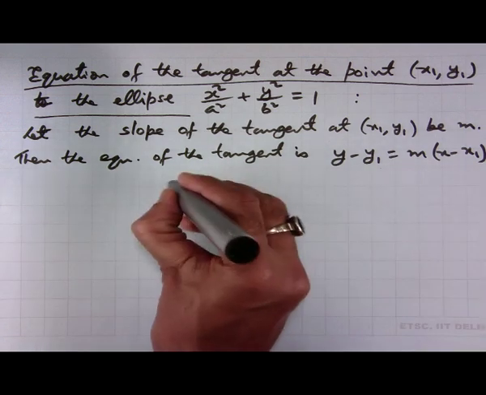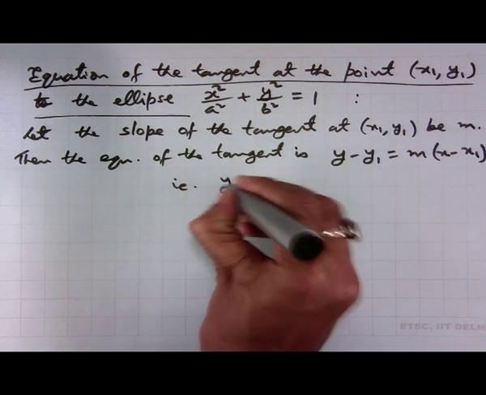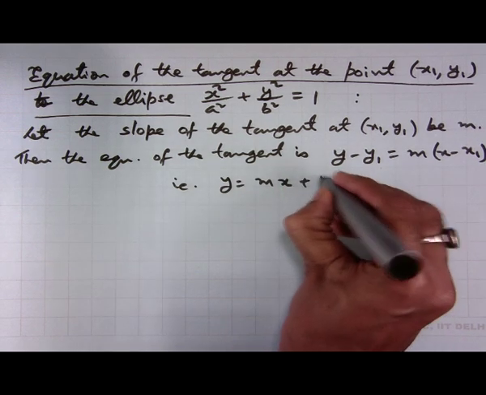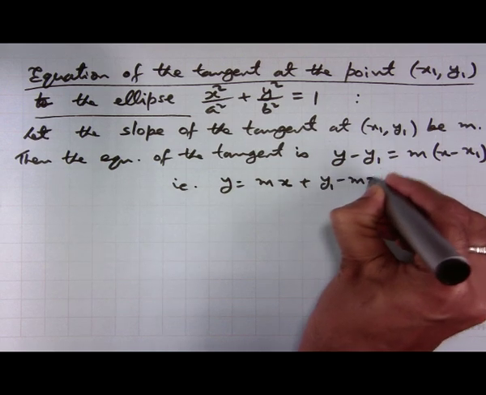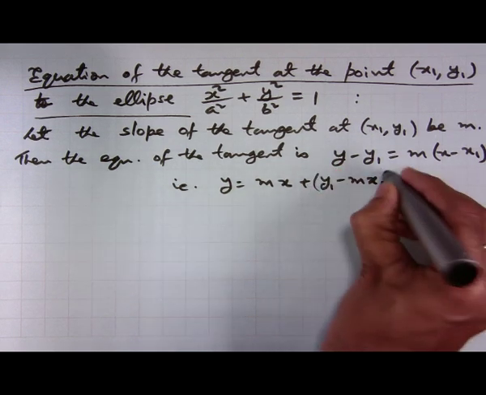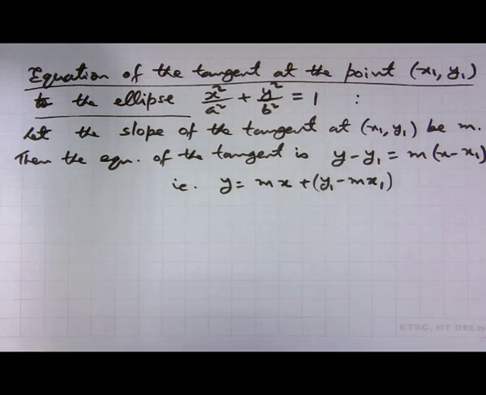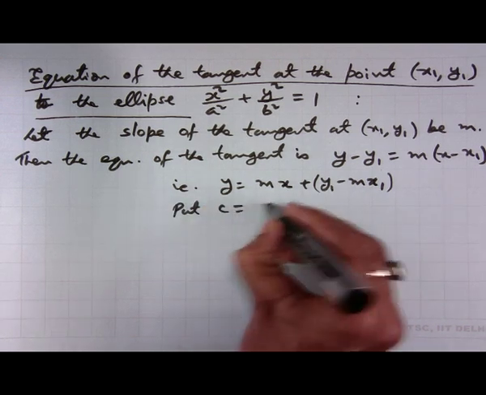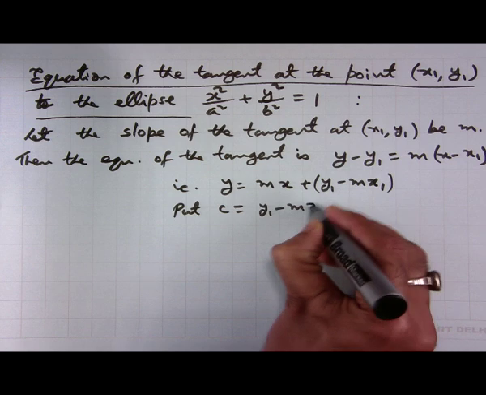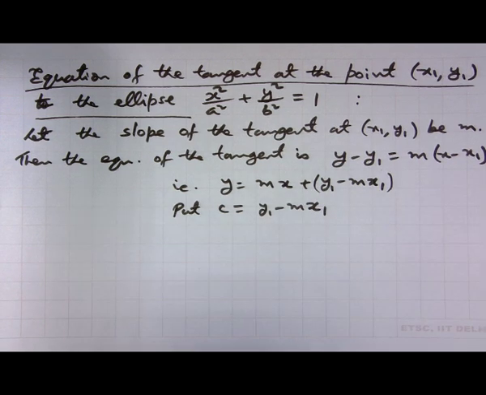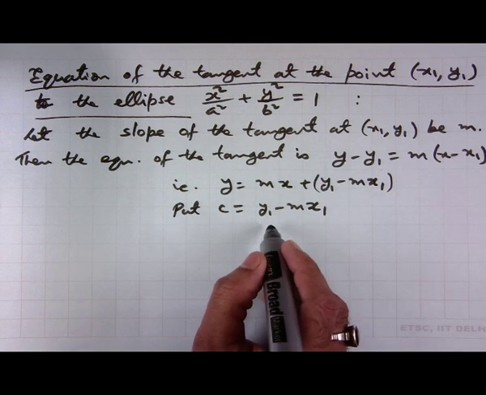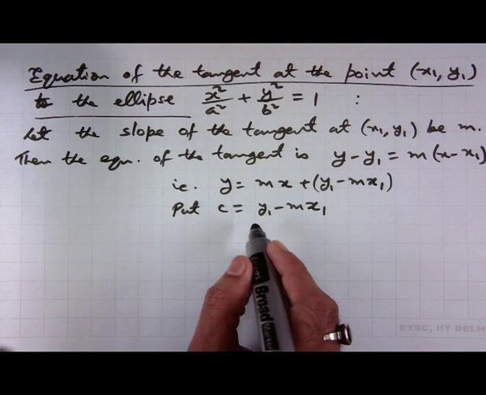That is y is equal to m x plus y1 minus m x1. So, let us put c is equal to y1 minus m x1. So, we have the equation of the line of the form y equal to m x plus c, and we know the condition when this line is tangent.